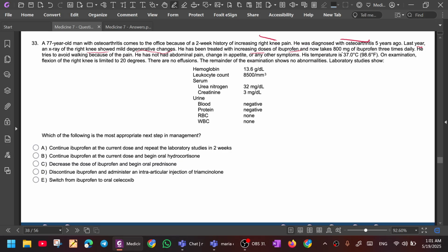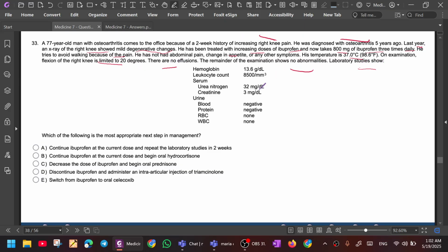He tries to avoid walking because of the pain. He has not had abdominal pain or change in appetite or other symptoms. The temperature is fine. On examination, flexion of the right knee is limited to like 20 degrees. There are no effusions.